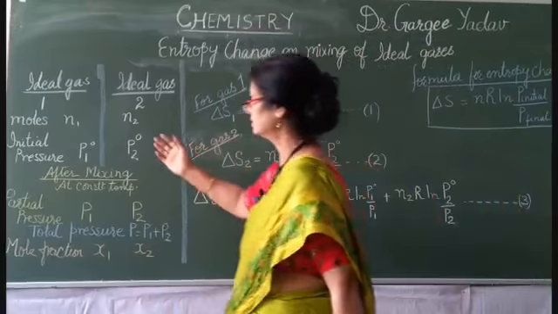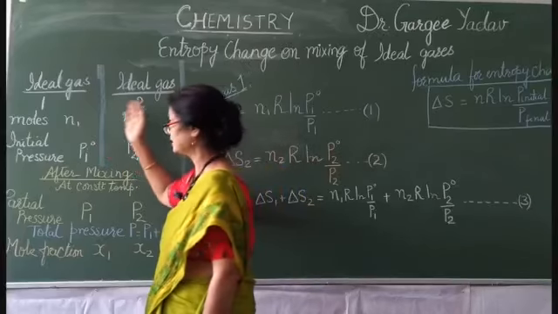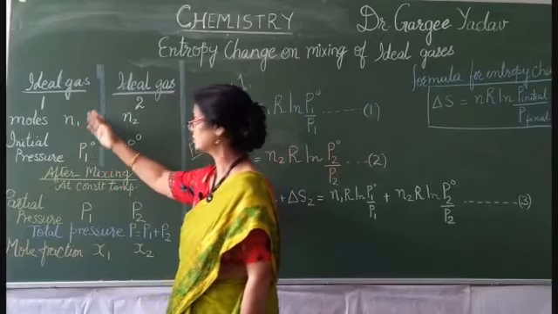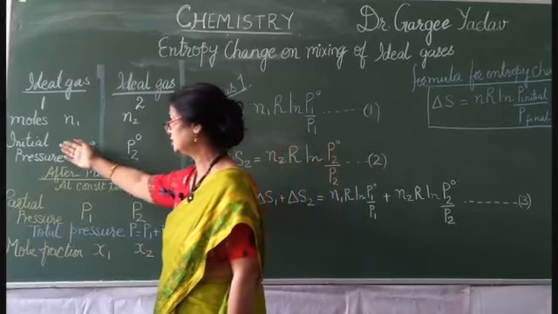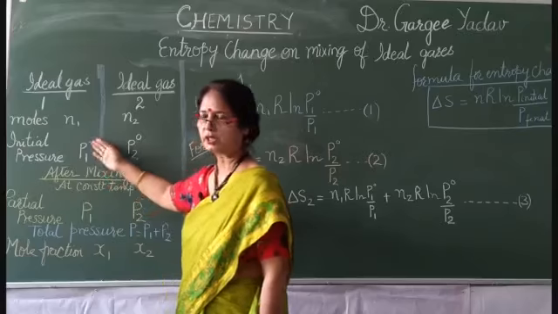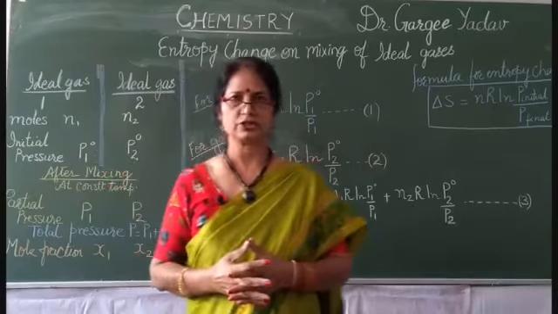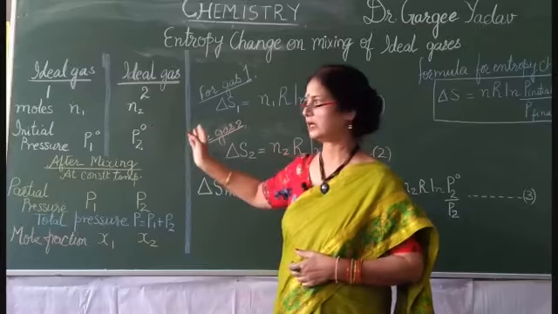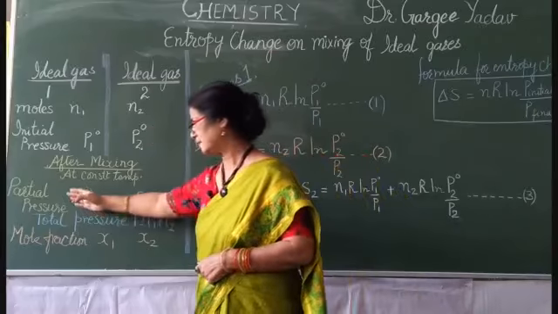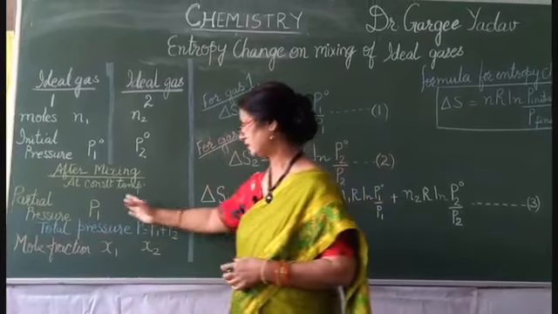Let us consider two ideal gases, gas number 1 and gas number 2, having N1 moles of gas 1 and N2 moles of gas 2, maintained at an initial pressure of P1 naught and P2 naught. Suppose we mix them at constant temperature. Isothermal mixing is taking place between ideal gas 1 and ideal gas 2, and let the partial pressures of the two gases after mixing be P1 and P2.